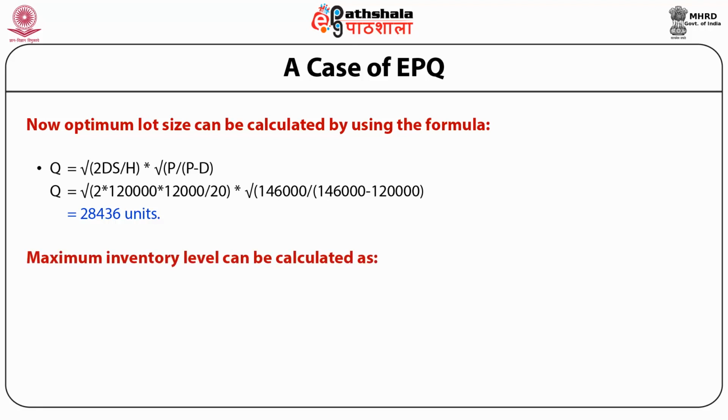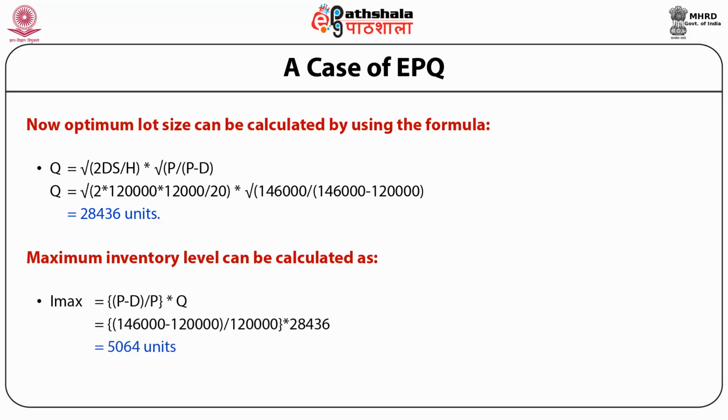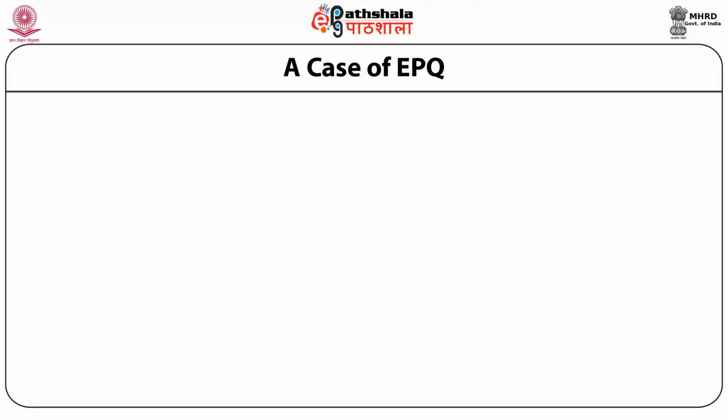Maximum inventory level can be calculated as I max equal to P minus D upon P into Q, that is 1,46,000 minus 1,20,000 upon 1,46,000 into 28436 equal to 5064 units.